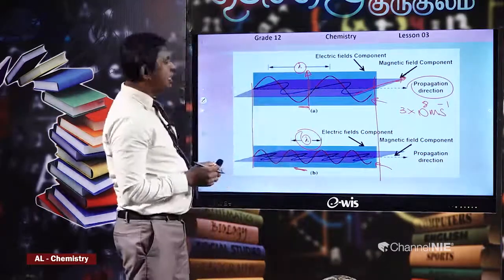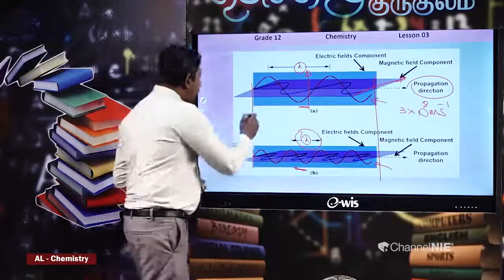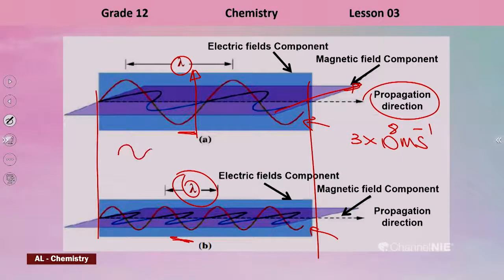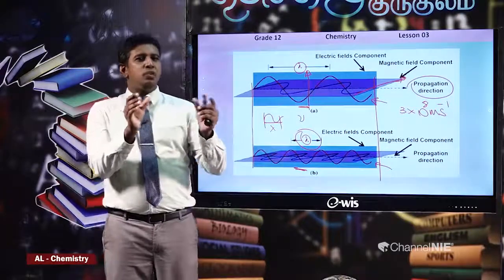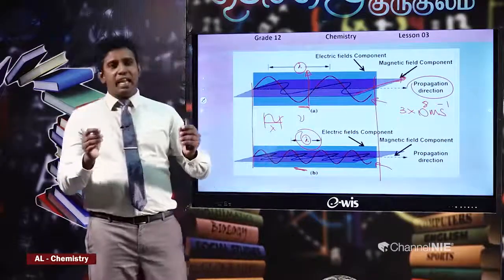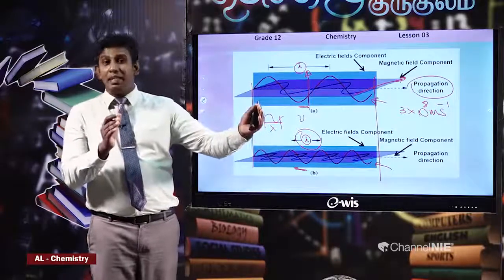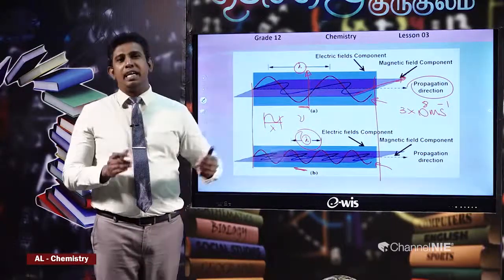Let me reveal this fact. Students, when you talk about the length of one wave, it's the wavelength, lambda. And when you talk about the number of waves formed or passed by within a unit time, then when you multiply these two together, you get the distance travelled by one wave within a unit time.